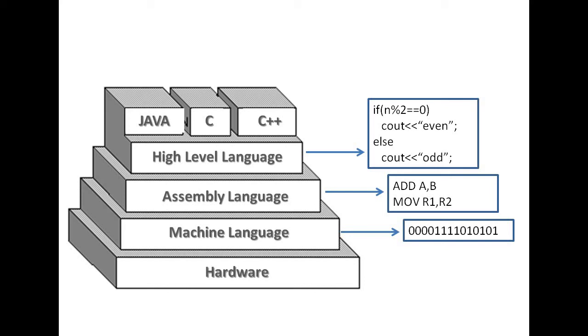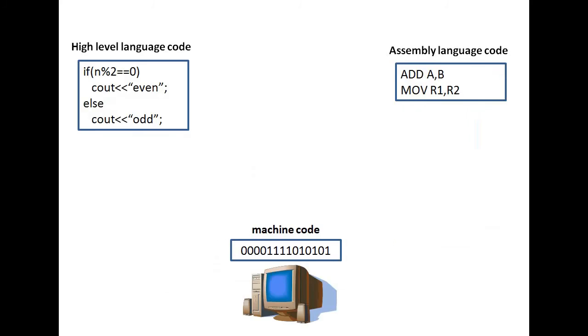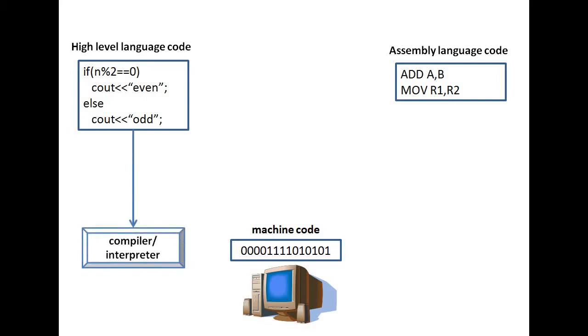Okay, next I will talk about the translators, because as I told you earlier, the machine understands only strings of zeros and ones. So whatever language we use for writing programs, the code must be translated to zeros and ones. The high level language code is fed to translators like a compiler or interpreter.